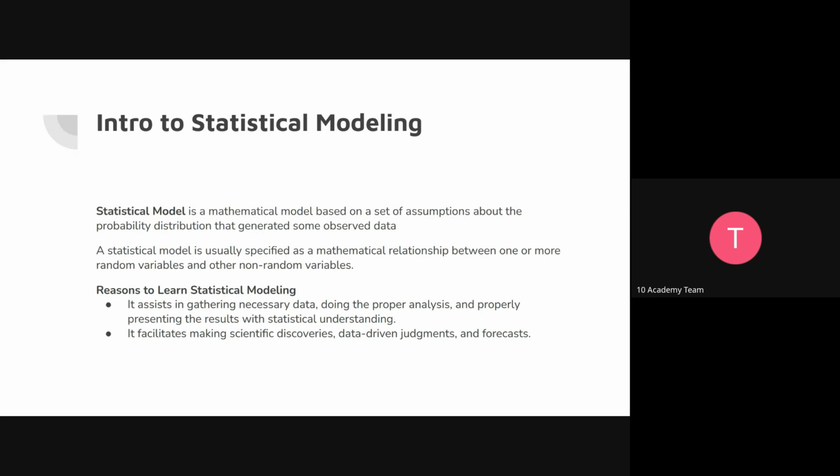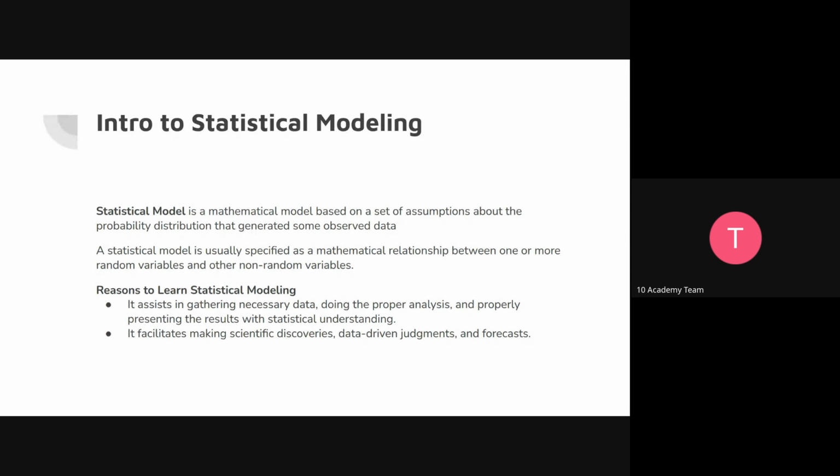This distribution, this set of probabilities that generated the data set, is a statistical model. I'm saying the distribution looks like this, and I made an assumption, and then basically I'm modeling the data I have at hand.